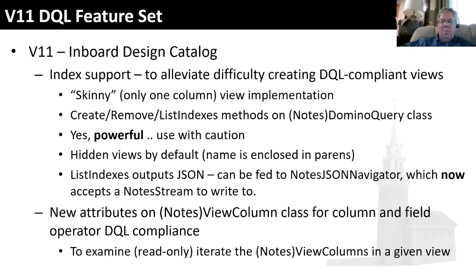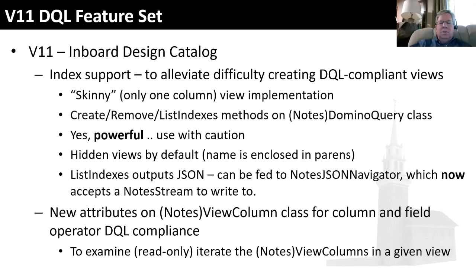You may know that when you create a view, everything that gets displayed, whether it's sorted or not, gets pulled into the index and kept around for when you browse and traverse that view. In this case, we have a single column. We found that to be at least 40% faster than a regular, traditional view that's not skinny. That's a larger, a corpulent view, put it that way. That is what gets created.